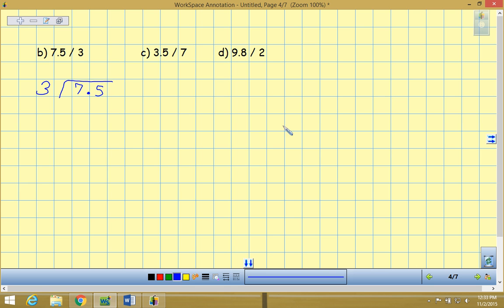And then you can move on to C, if you finish that one. That's a fancy 7 there. And then D. So working on these three problems.